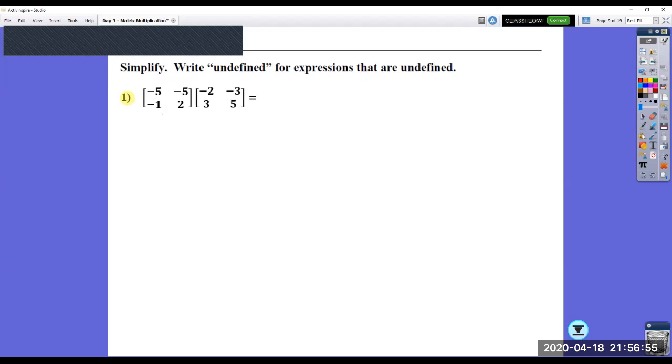Okay, so remember, first thing, always check dimensions: 2 by 2 and 2 by 2. Okay, we can do it. And the dimensions for our solution matrix are going to be from the outside, so 2 by 2. I'm going to use rows by columns.